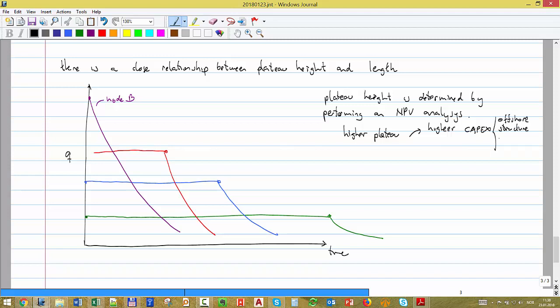This is the processing facility. These are the pipelines, etc. Also, you have higher drillex, drilling expenditures, because to produce at a higher rate, you're just going to need more wells. So this doesn't look positive for a higher plateau, because you have higher capex and higher drillex.